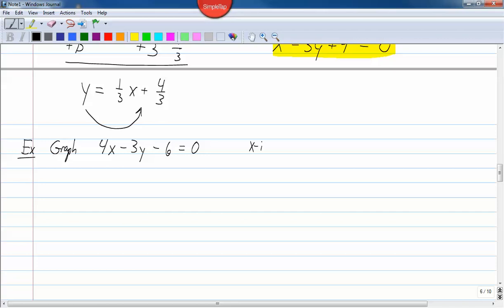You find the x-intercept by setting y equal to 0 and solving for x.